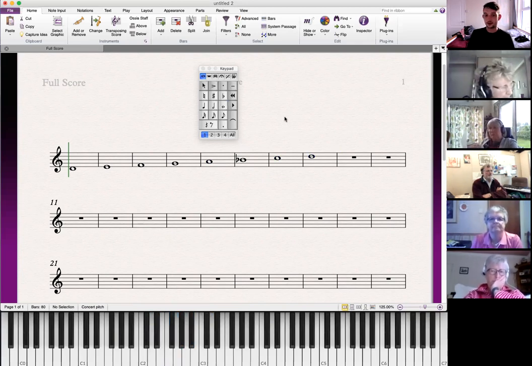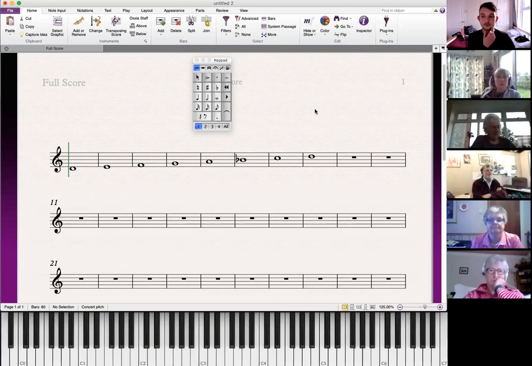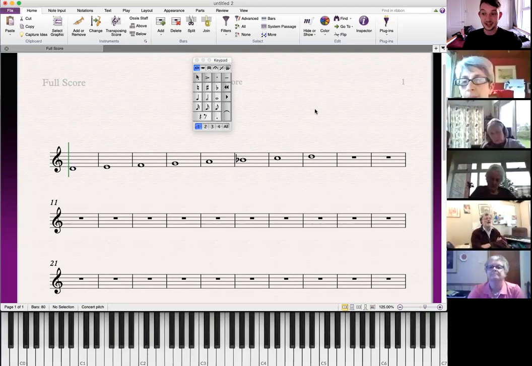Easy enough. Now, if we want to change this scale and turn it into a harmonic minor scale, what would I need to do? We need to do something to one of the notes, don't we? Sharpen it. Yes, we need to sharpen the seventh.